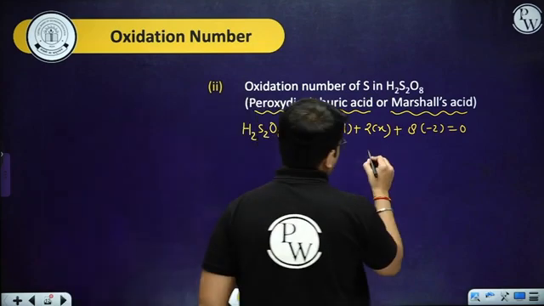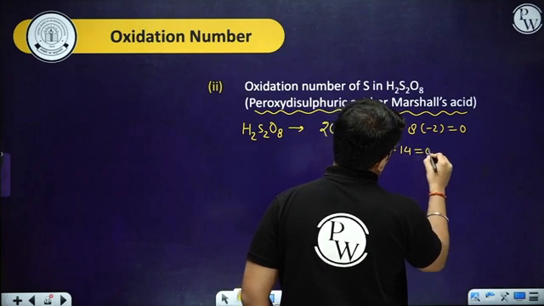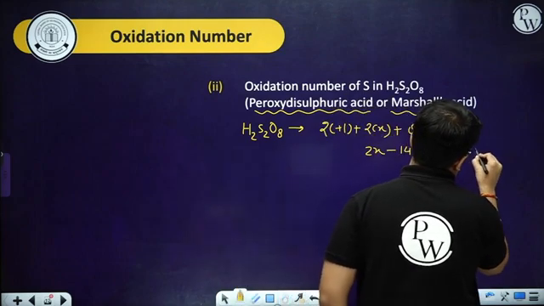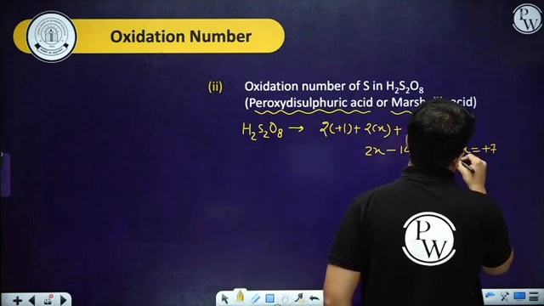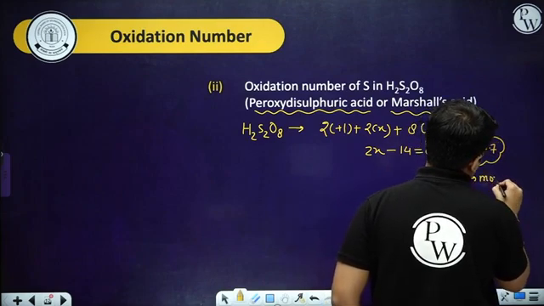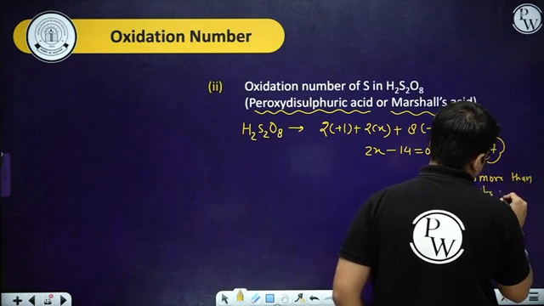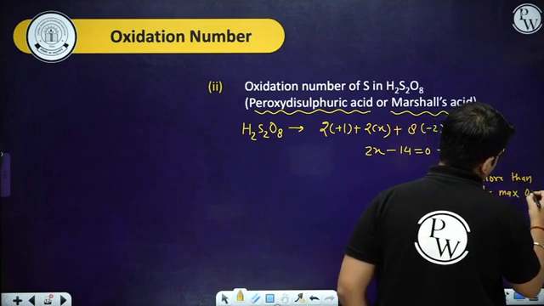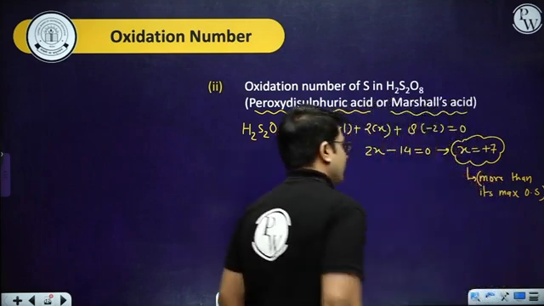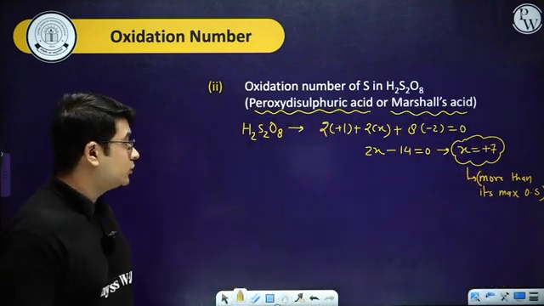From that you can say 2x minus 14 will be equal to 0, and x will be equal to +7, and again this is more than its maximum oxidation state. It means there is some discrepancy in this particular part.